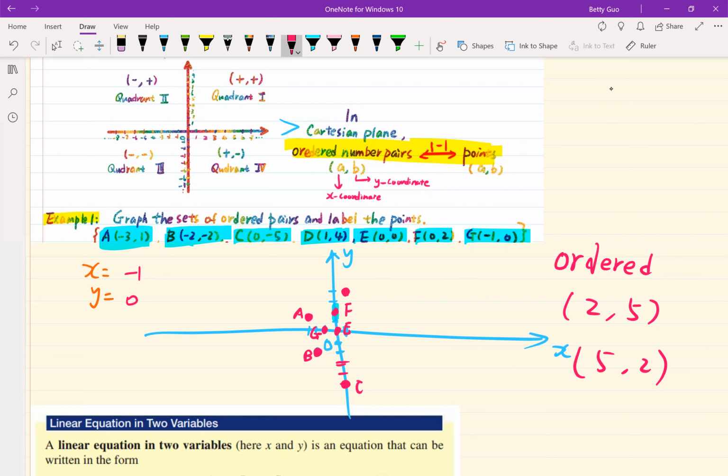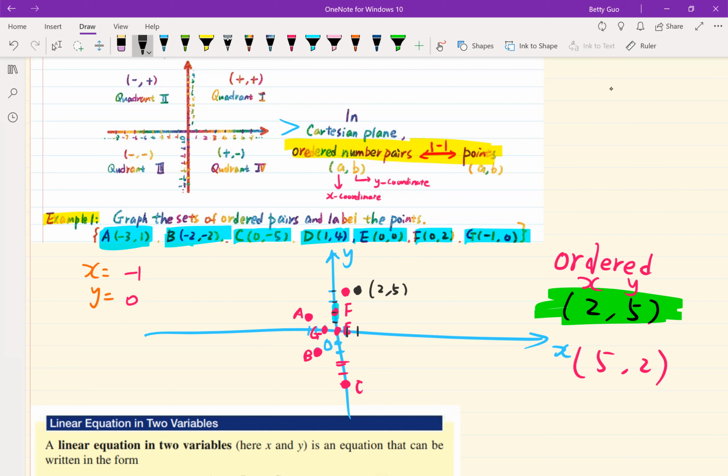The second one is 5, 2. Let's see how they represent two different points. For 2, 5, the x value is 2, the y value is 5. So it is 2 units to the right, 5 units above. 1, 2, 3, 4, 5. The black point is 2, 5.